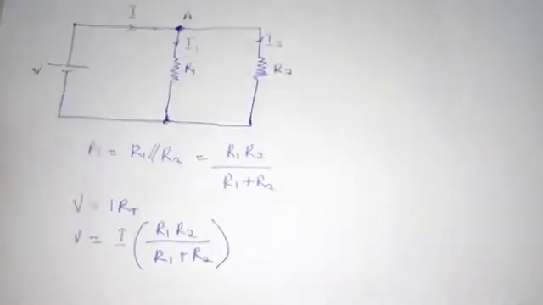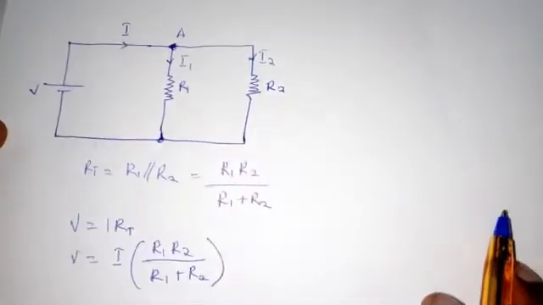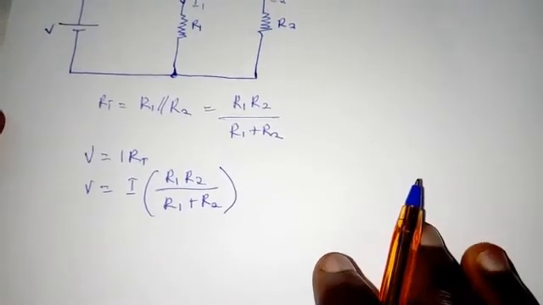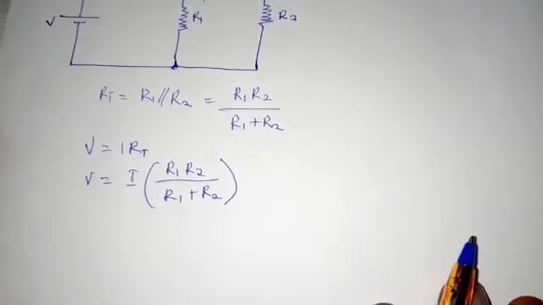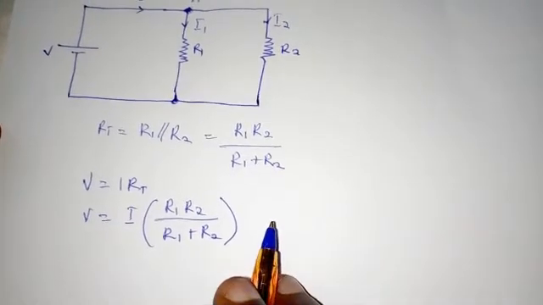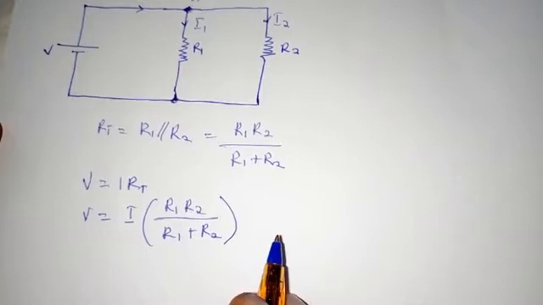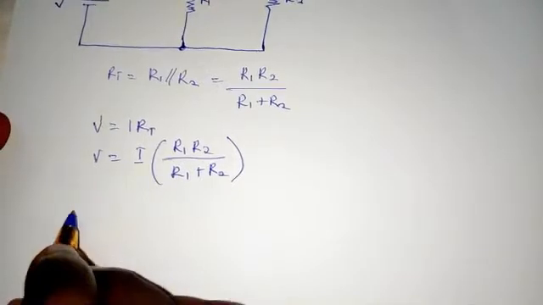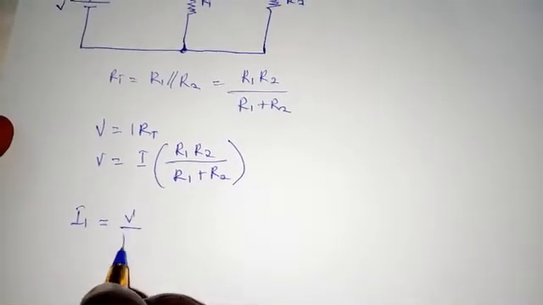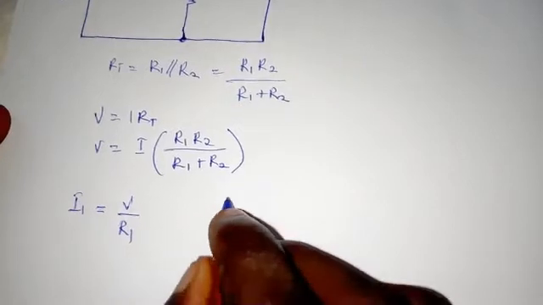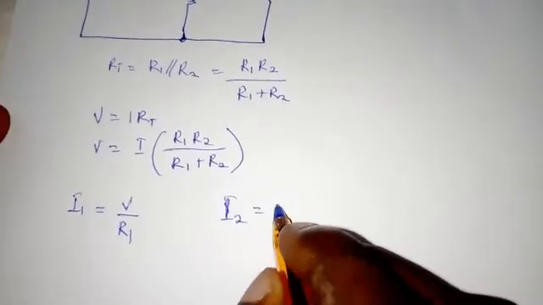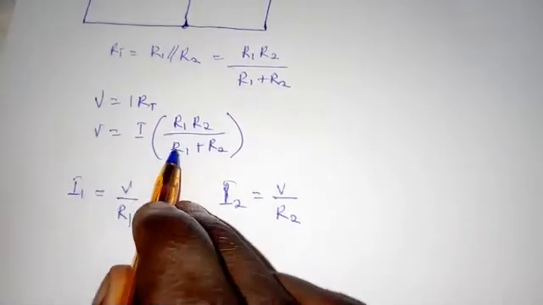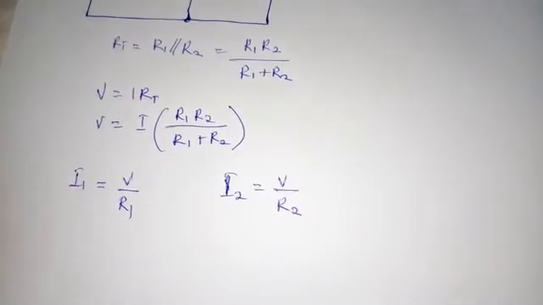Since the resistors R1 and R2 are in parallel, the voltage across each of them is the same, and so the current through each resistor is given by the supply voltage divided by the resistance. So I1 becomes V divided by R1, and I2 becomes V out of R2, where V is equal to R1 R2 all out of R1 plus R2.